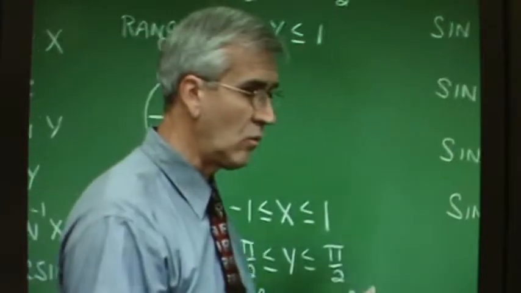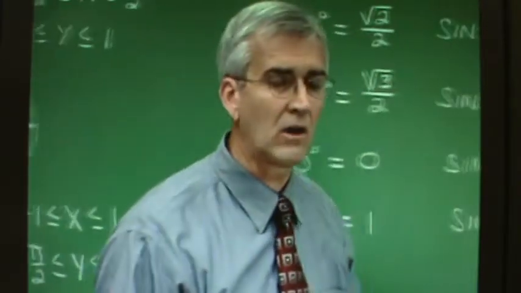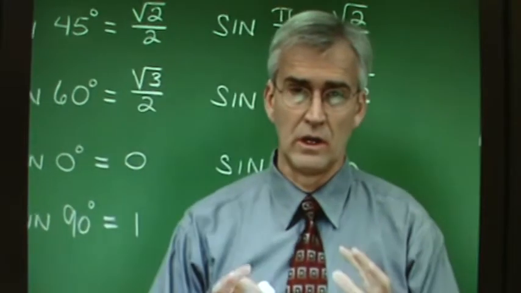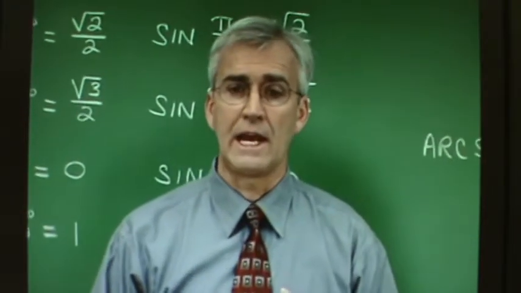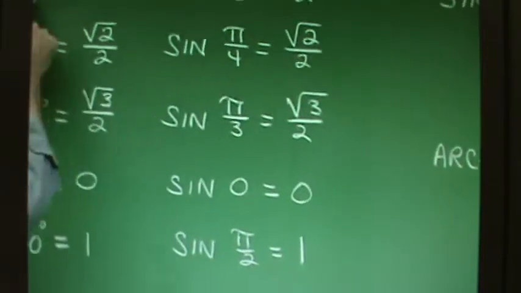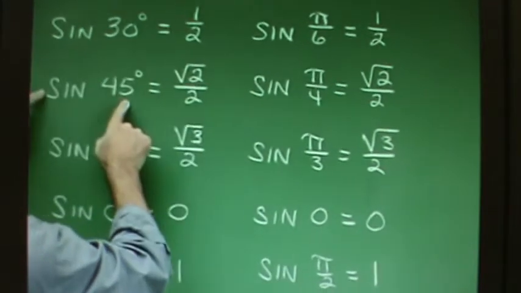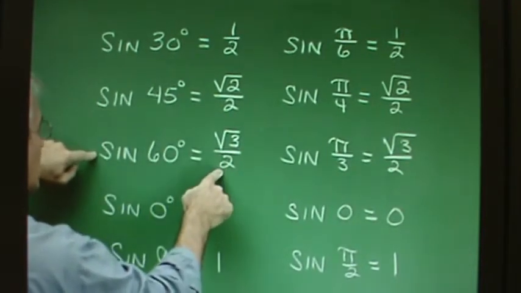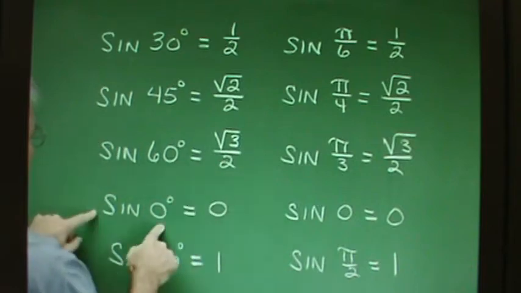Okay. Now, remember that we talked quite a bit about the sine and other trig ratios on some particular angles. And if we're talking about first quadrant situations, then the sine of 30 degrees was 1/2. The sine of 45 degrees was the square root of 2 over 2. The sine of 60 degrees was the square root of 3 over 2, and so on. Sine of 0 degrees is 0.